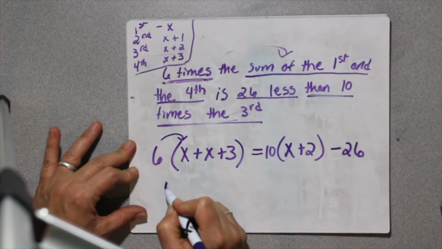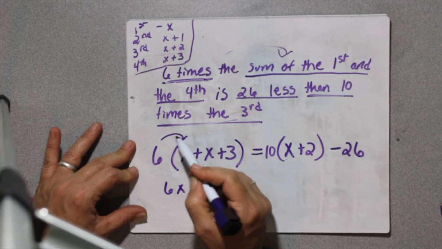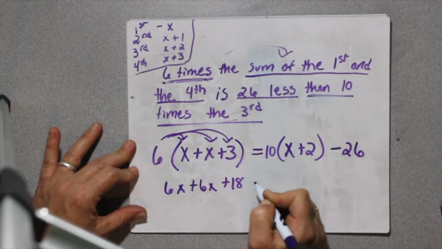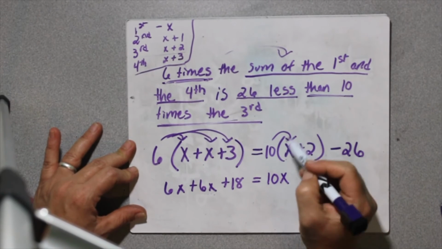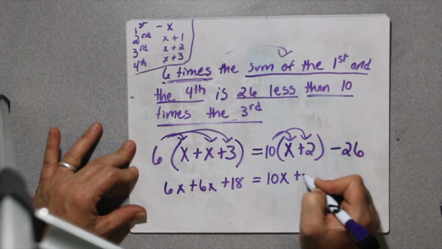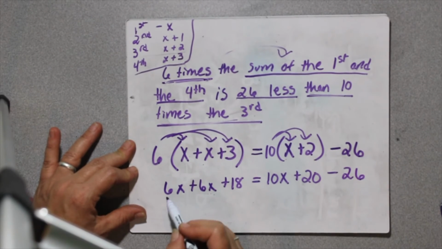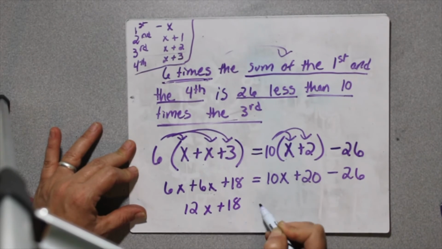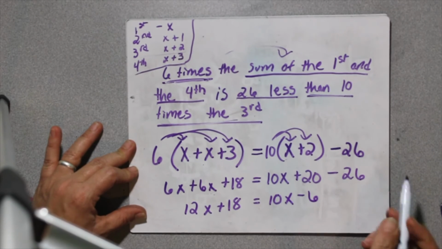So 6 times x is 6x, and then 6 times x again is another 6x. Right there. And then 6 times 3 is 18 equals. Then we got to do 10 times x will be 10x. 10 times 2 is 20. And then minus 26. Now we got to combine our like terms. 6 and 6 is 12x plus 18 equals 10x minus 6.